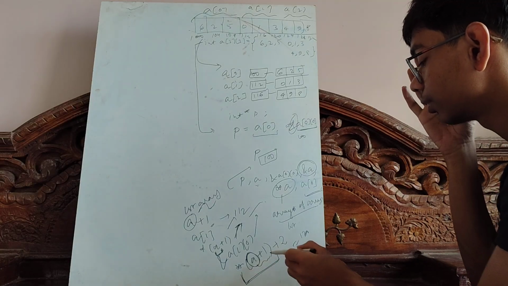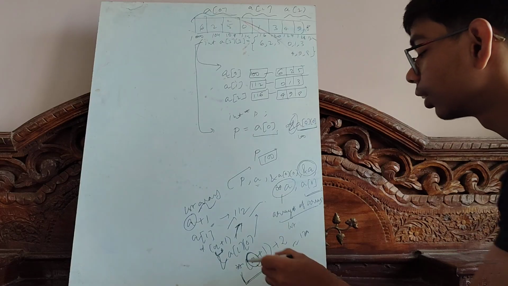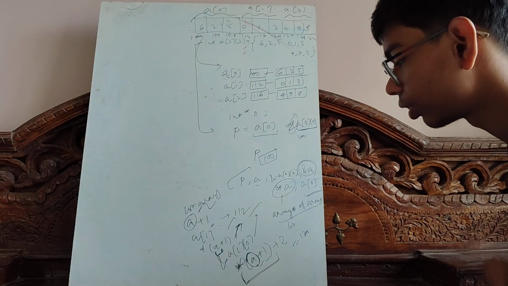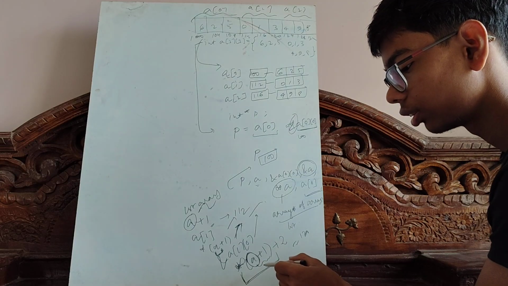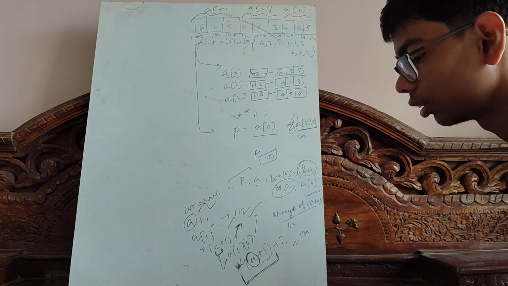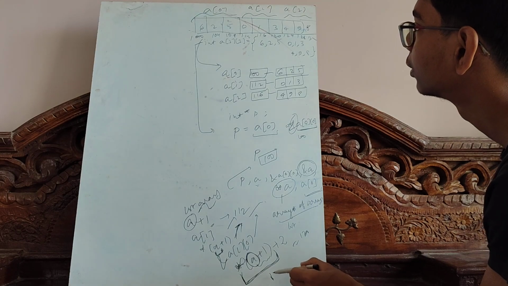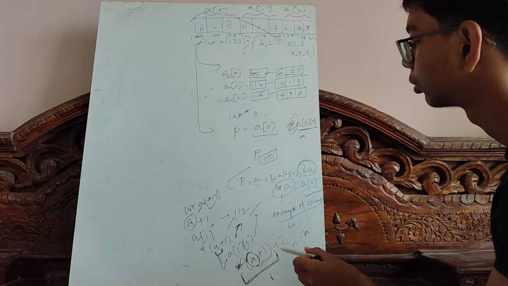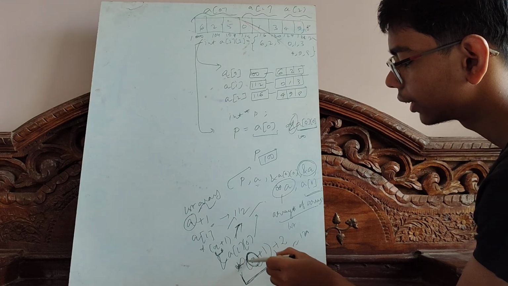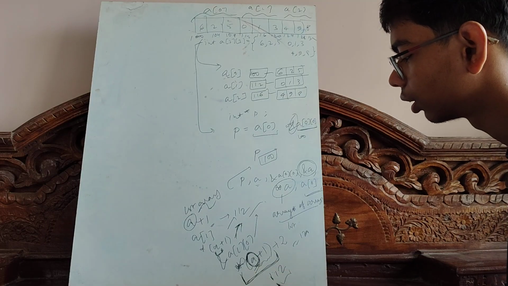And this plus 1 will return me the base address of the second array, that is 112.